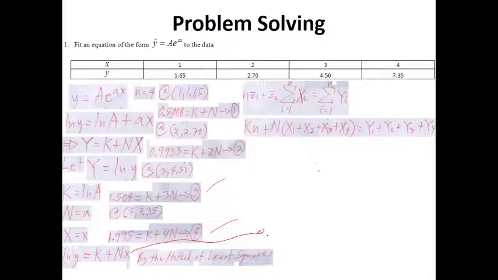So that means, in my previous discussion, y is equals to a plus bx. So yung y na to, naging ln y lang dito. And then yung a naging k. Tapos yung b na to naging n.